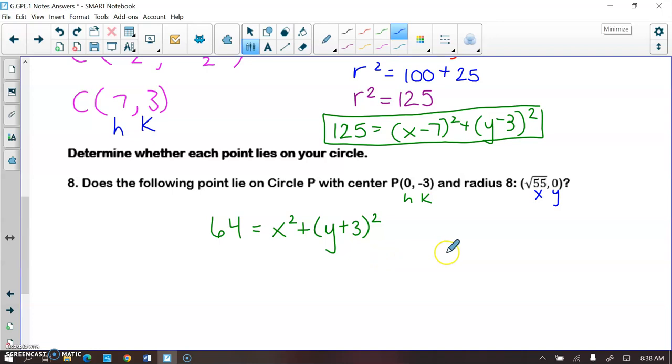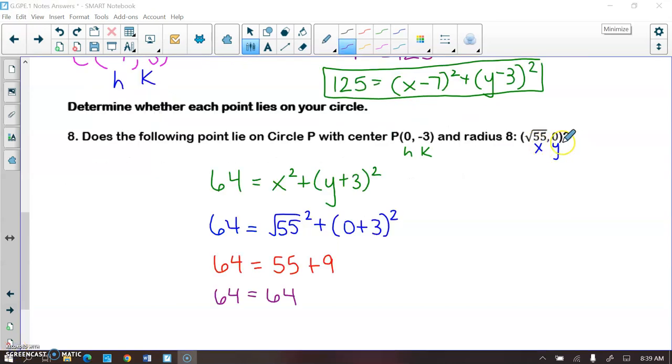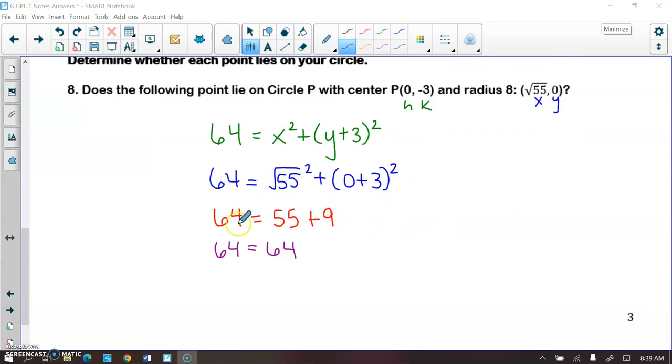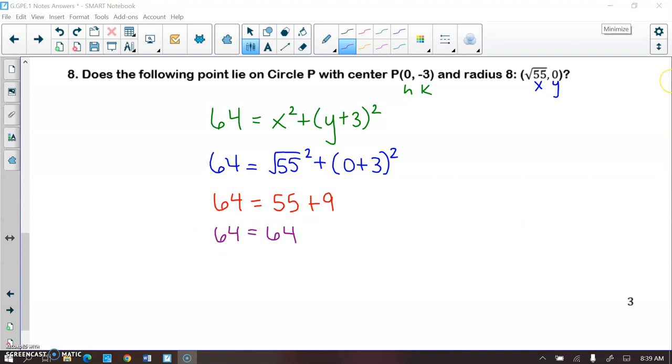So pause the video to do this on your own and resume to check your answer. When I put these numbers in for x and y and simplify, I do get 64 is equal to 64. So what that means is that, yes, that point lies on the circle. All right, that brings us to the end of this first lesson.